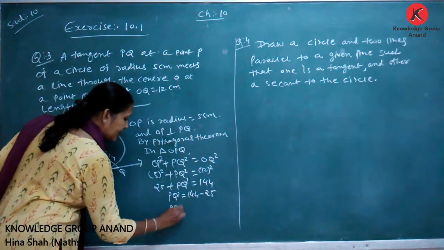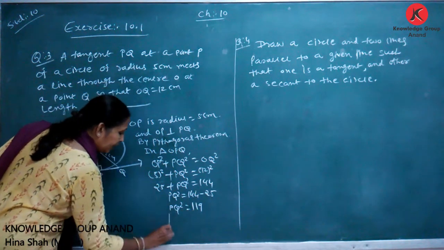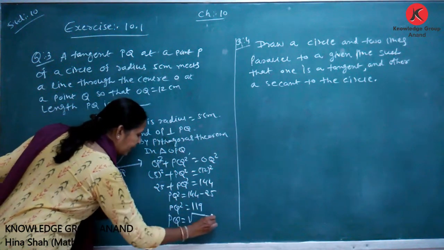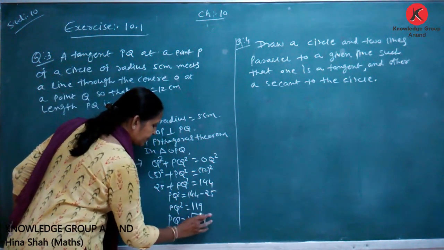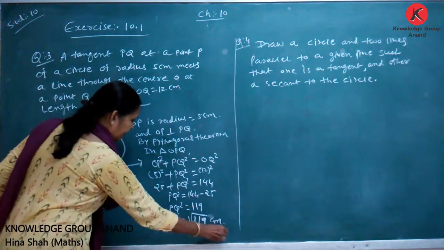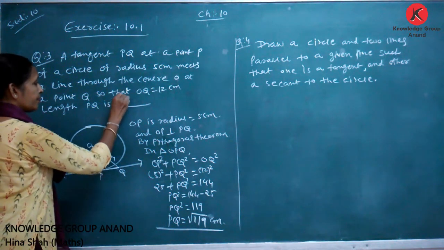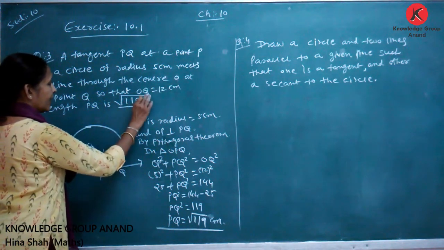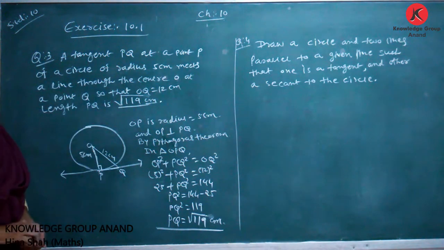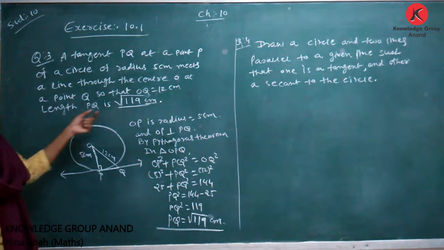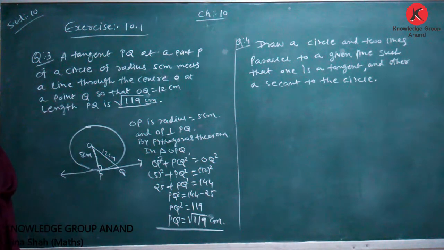Then PQ square is equal to 119. PQ is equal to under root 119 centimeter. In the textbook options are given, and therefore the option is under root 119 centimeter.